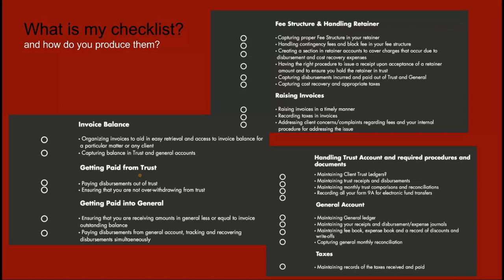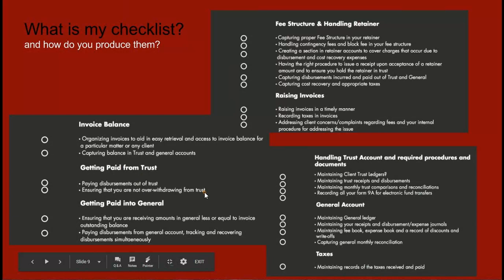Another component to the invoice balance is you failing at times, based on either discipline or any other reason, to transfer the trust eligible amount from your trust account into your general account. And this is something we see very often with our legal friends that we work with. If you've got trust money, raise the invoice and move that money from trust to general. Make it a process. Okay?